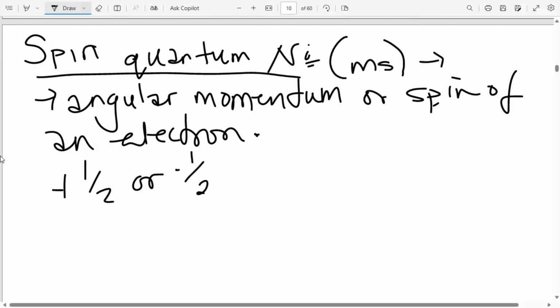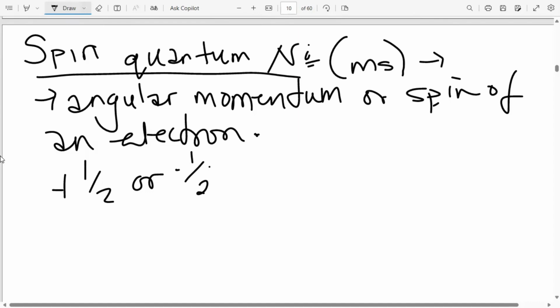So that is all when we talk about the quantum numbers. This was the fourth quantum number, and we've seen how important these are. To summarize everything, we have the principal quantum number, which gives us the energy level and orbital size. We have the angular momentum quantum number, which gives us the shape of the orbital.